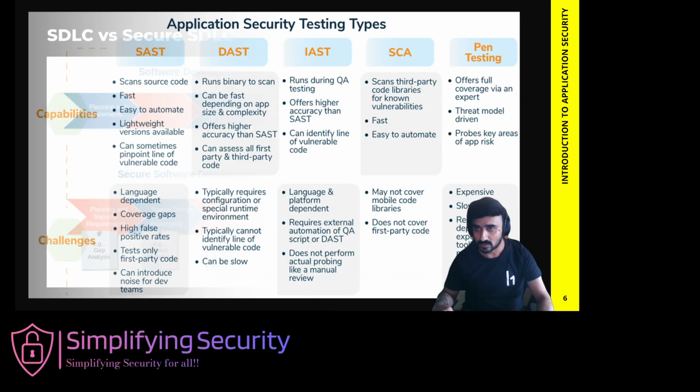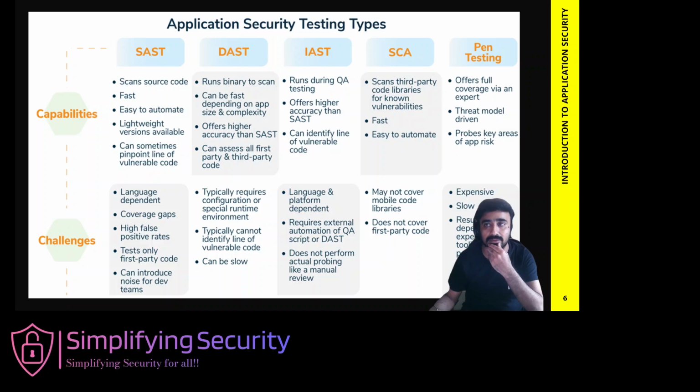So I'll move to the next. I was talking about these terms in the earlier slide: SAST, DAST, SCA, and Pentest. Each has its own advantages, because you may ask which application security testing is applicable to you, or which you should do.